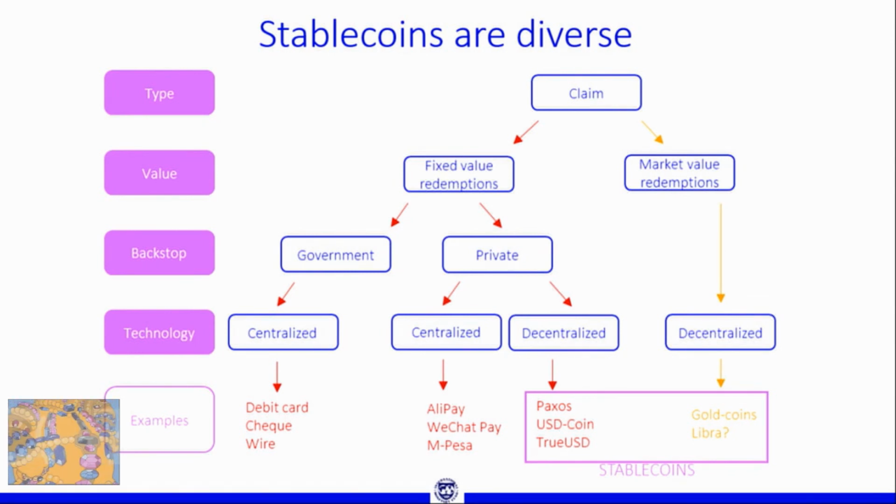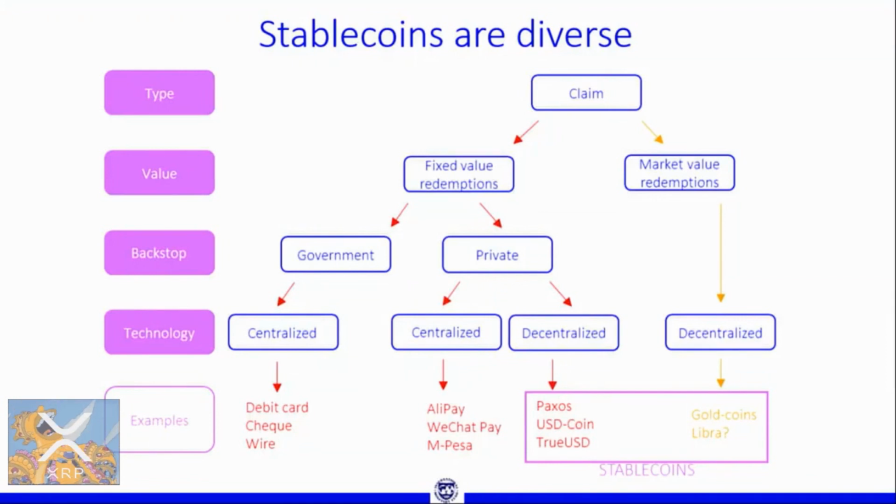Or it could be something like Libra or the gold coin, where the reserve is held in a basket of assets, such as an investment in a gold ETF or some sort of commercial paper and government paper in a reserve fund, and then the value of your coin fluctuates with the value of the reserve fund. So that's stable coins.